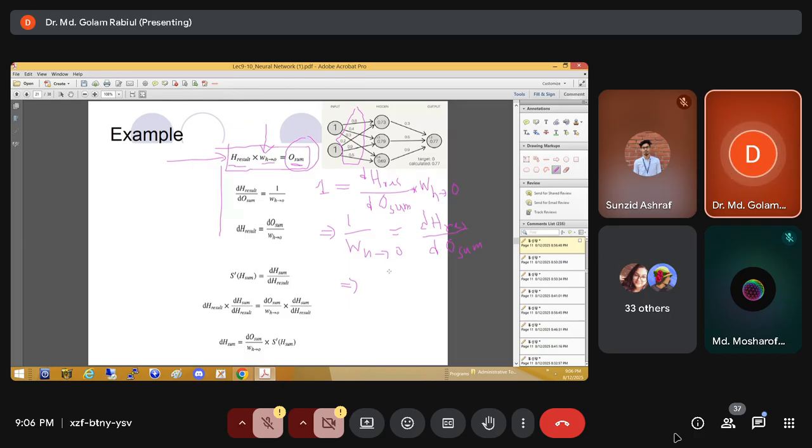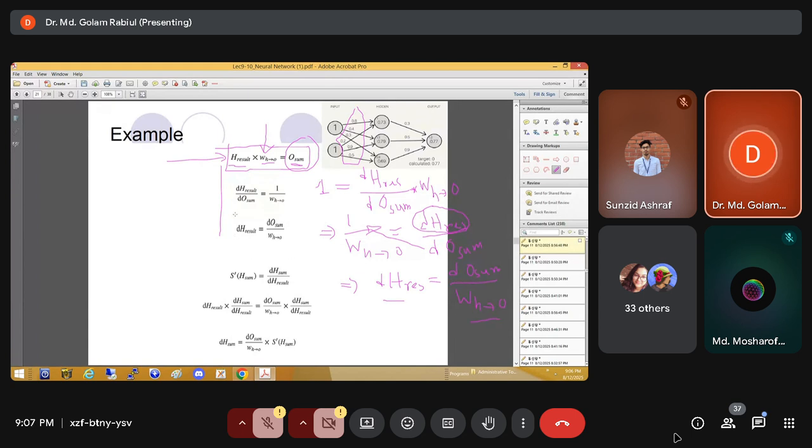And from here we can write delta hidden results equals delta output sum by WHO.